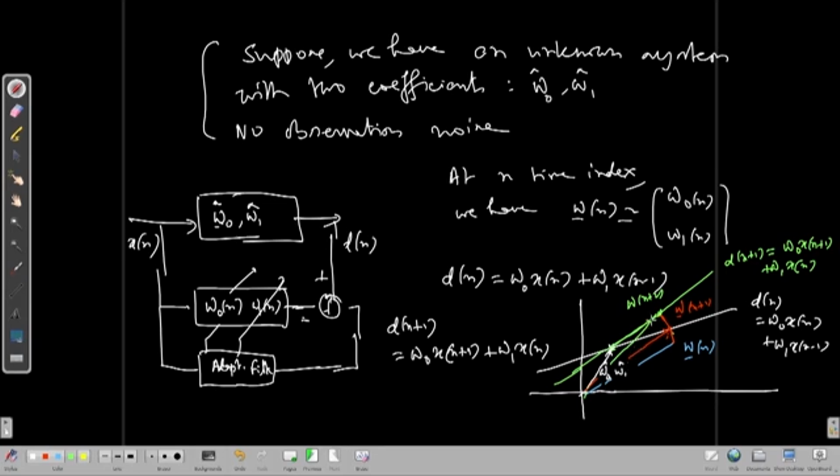That means this point has come closer to the optimal one than earlier, because as I told you, this is a right angle triangle, this side is the hypotenuse, its length is longer than this length, and I go on doing it. So, eventually this error vector length will shrink and shrink and shrink, and finally it will converge on this. This is the philosophy of the normalized NLMS algorithm.